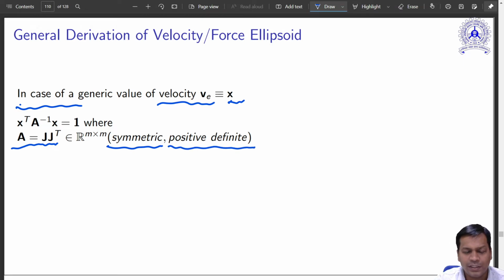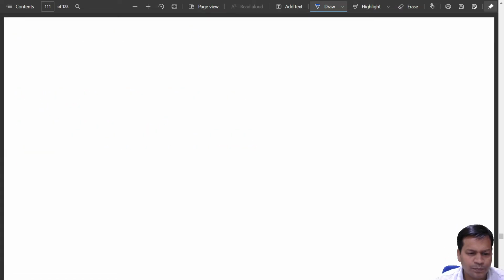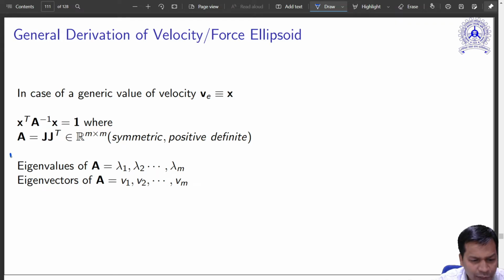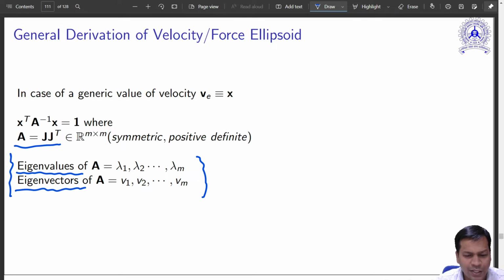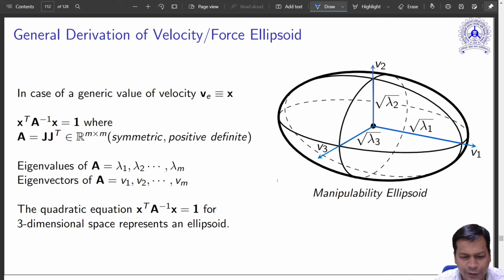It is always a positive matrix, and the determinant of this will always be a positive value. That is just the property of this. Now, the eigenvalues of this will represent something, so you can find out the eigenvalues as well as the eigenvectors of this. What does this say basically? These are some mathematical derivations.